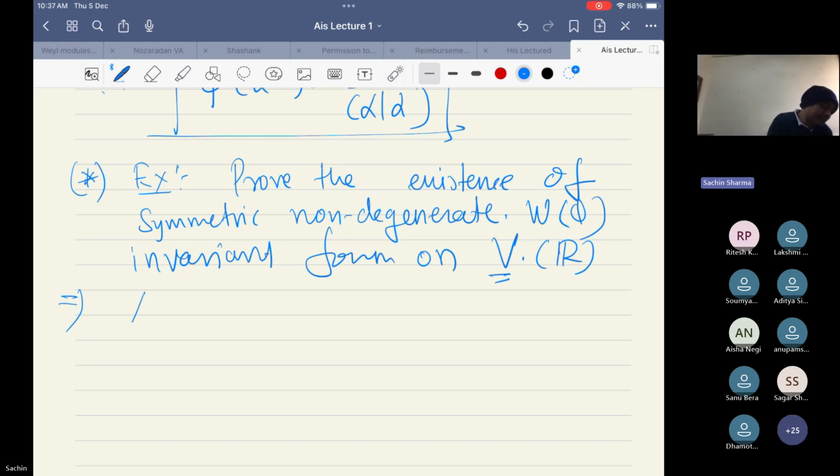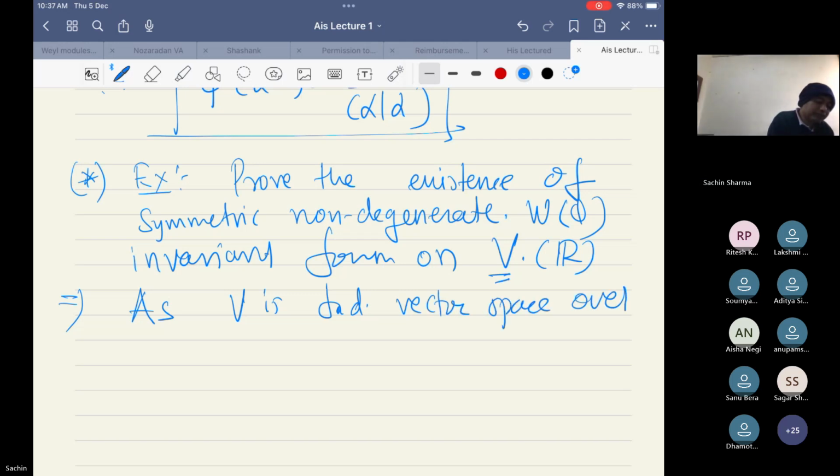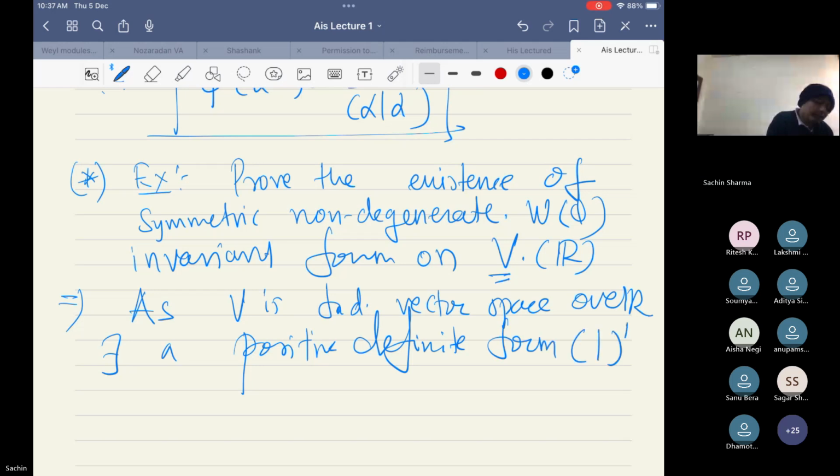So suppose V is a finite dimensional vector space over R. There exists a positive definite form on V. You can simply take any basis and take the standard form.